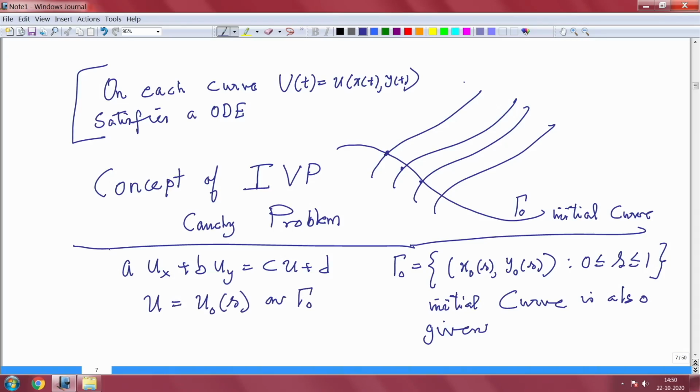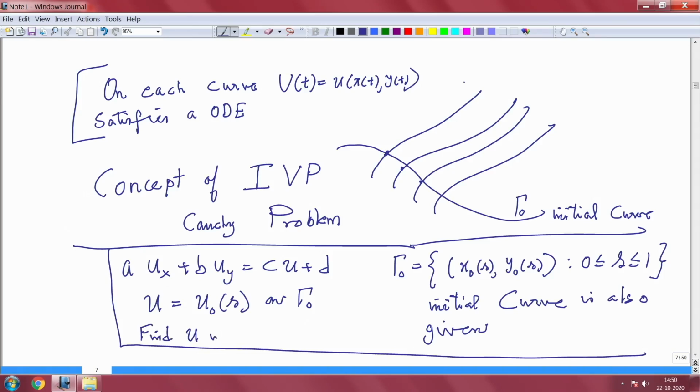So, this is your initial value problem: find u in omega, or in a neighborhood of that initial curve. So, is a global solution existing, find u in the entire domain omega, or find u in a neighborhood of gamma naught.